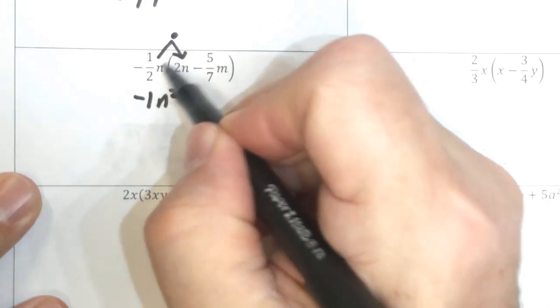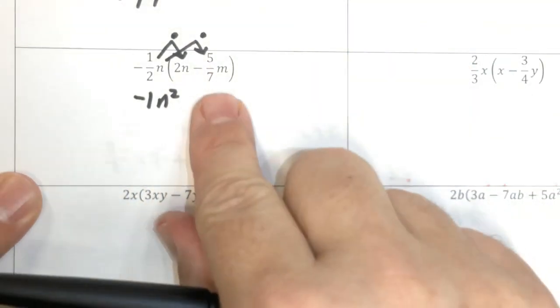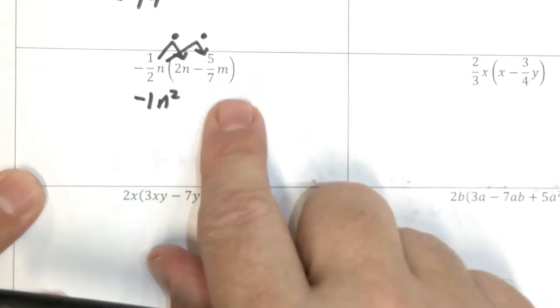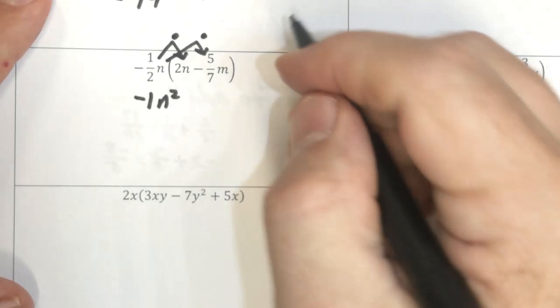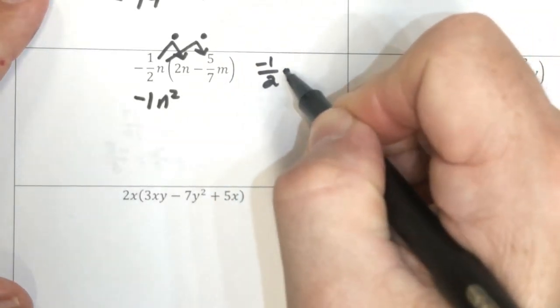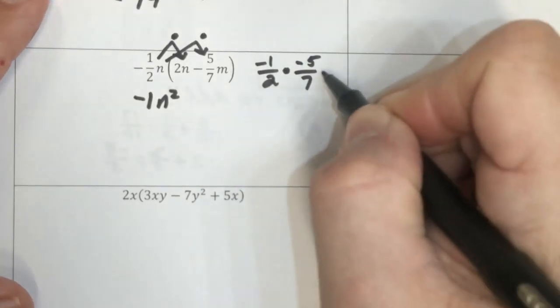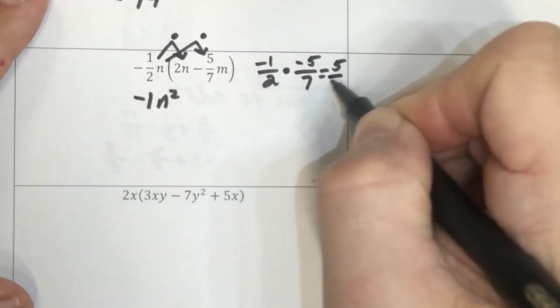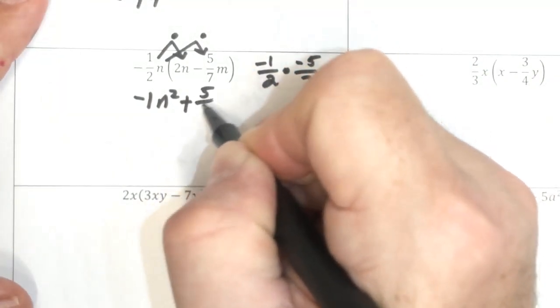Then we're going to go negative 1/2 n times negative 5/7 m. Negative 1/2 times negative 5 over 7, that'll be 5 over 14. So we'll make that a plus 5 over 14.